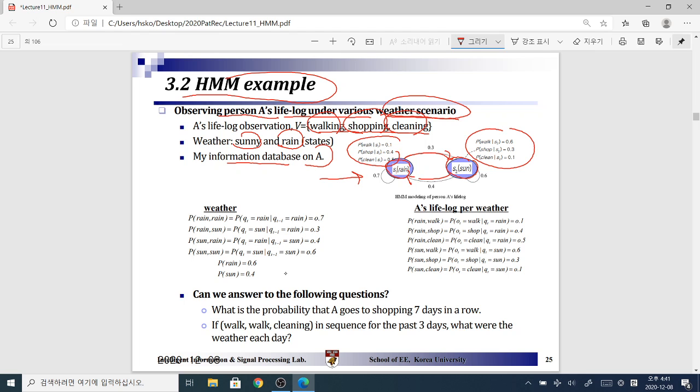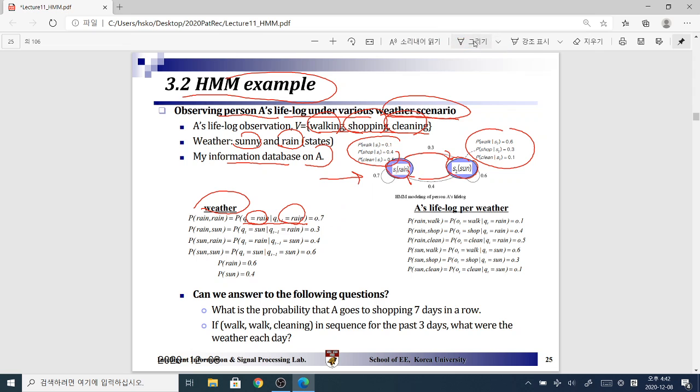As far as state transition is concerned, this would be, for example, today being rain when yesterday was rain. So the conditional probability of today being rain, conditioned on yesterday being rain, is 0.7.